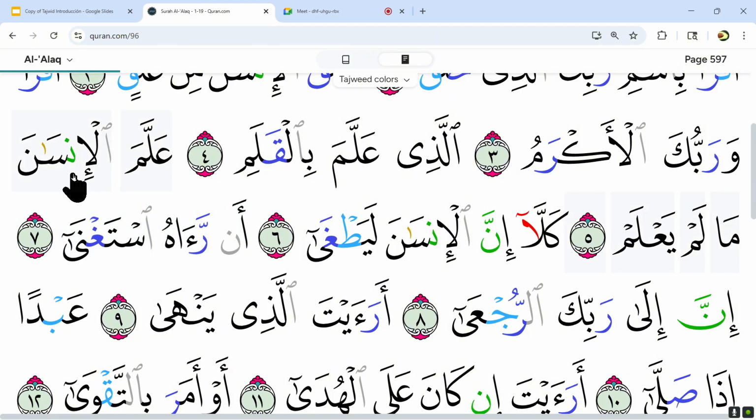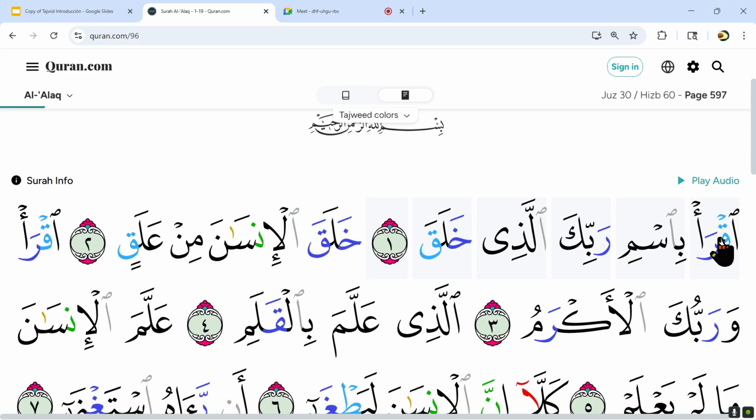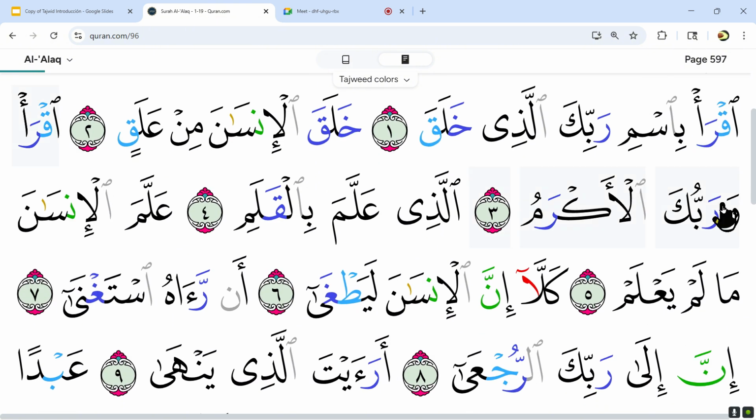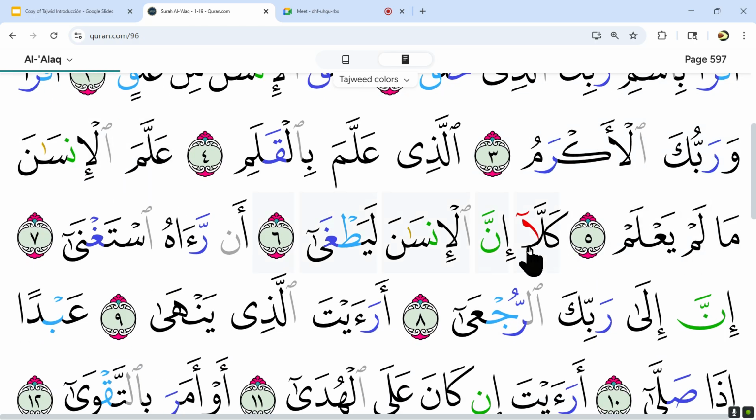Oh, I said it wrong. I can't start from the middle. I'm sorry, let me start from the beginning. اقرأ باسم ربك الذي خلق خلق الإنسان من علق اقرأ وربك الأكرم الذي علم بالقلم علم الإنسان ما لم يعلم كلا إن الإنسان ليطغى أن رآه استغنى.